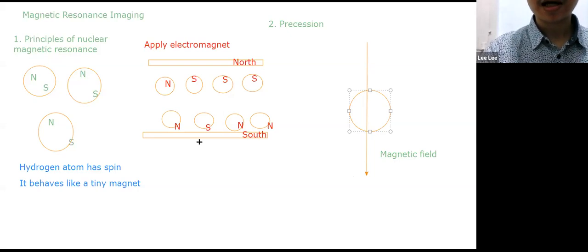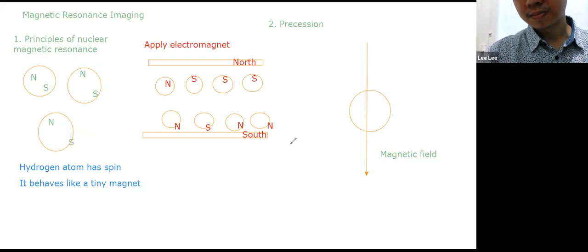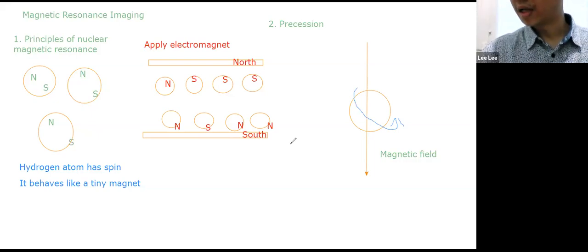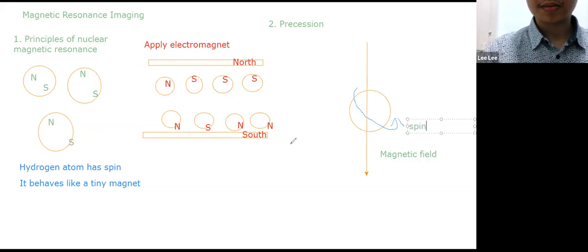But on the other hand, when it is aligned with the field, the magnet also spins. Your proton or your hydrogen atoms or the tiny magnet also spin. That is the direction of the spinning. That's why we say hydrogen atom has a spin.